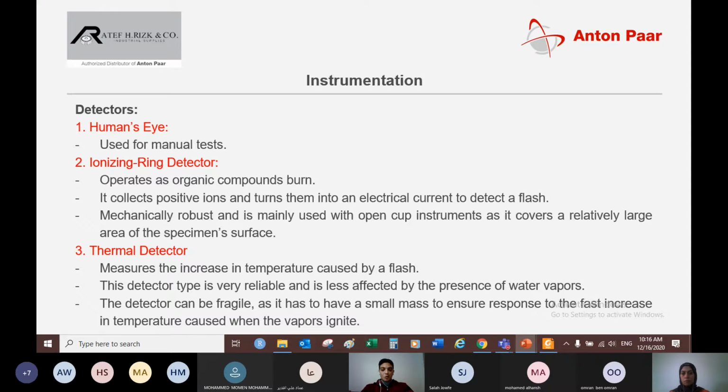This is why we use the ionizing ring detector for the open cup instruments. In the closed cup instruments, we use the thermal detector, which measures the increase in temperature caused by the flash, and it gives really reliable results, even in the presence of water vapor. This is why we can use it in the open and closed cup instruments.